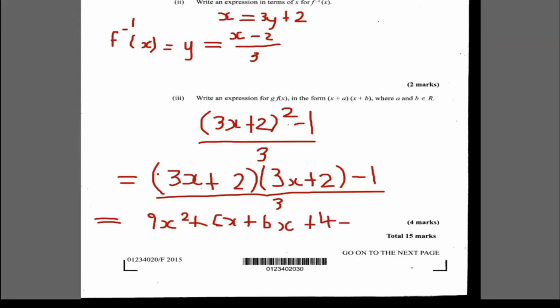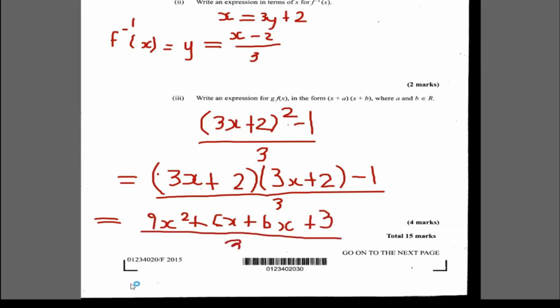Now this 4 minus 1, I'm just going to write it together as plus 3. And this is being divided by 3.